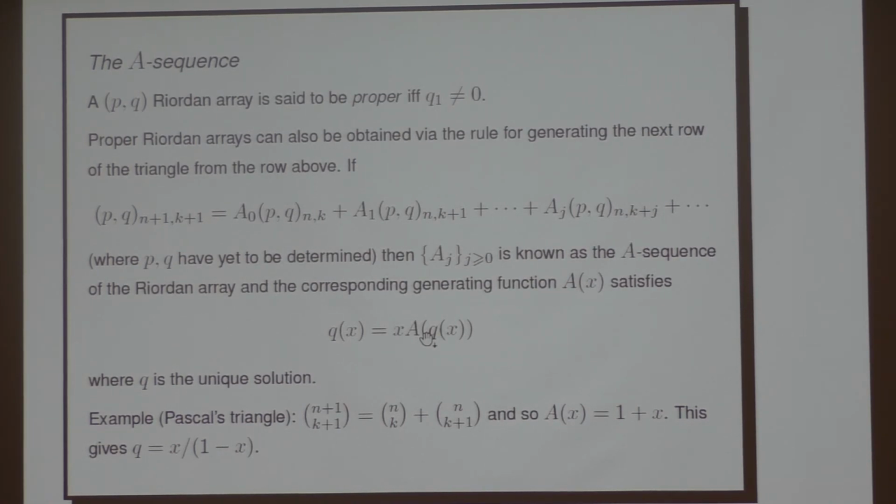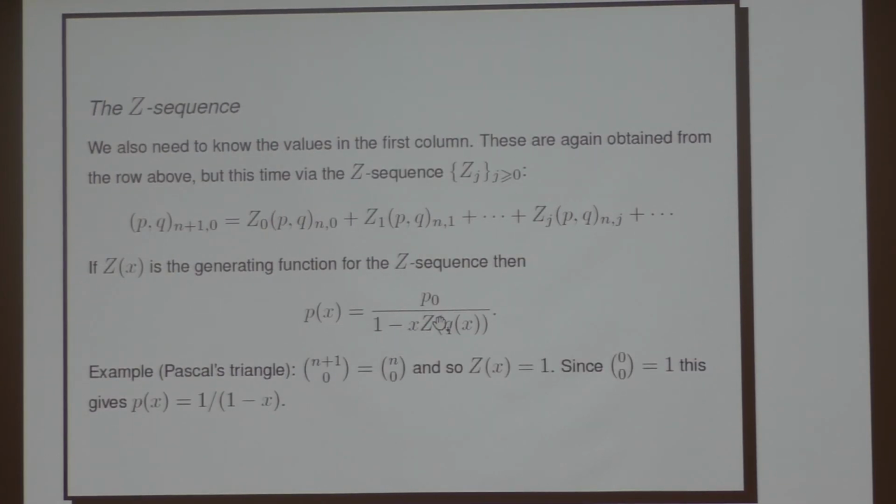Oh, I see. So it's not for any P and Q. No, you get the P and Q from this method. Both of them, right? Yeah. So the A gives you the Q, and the P you get from the Z, and already knowing Q.